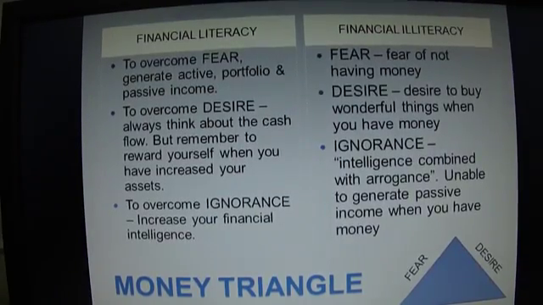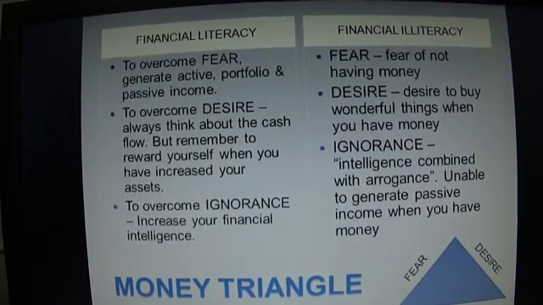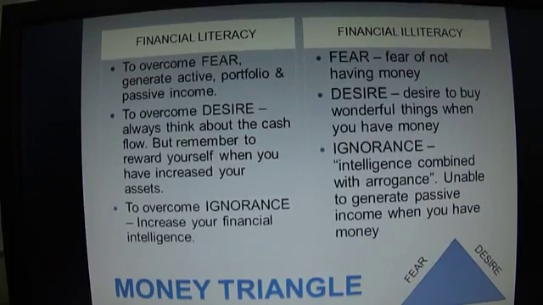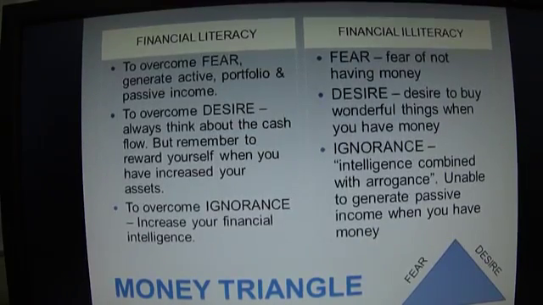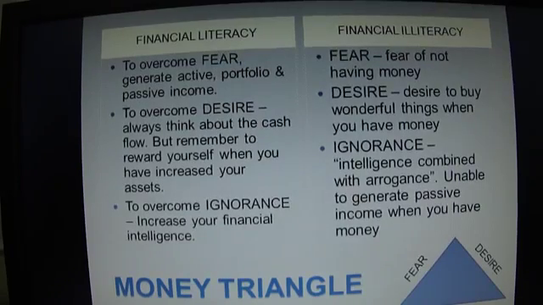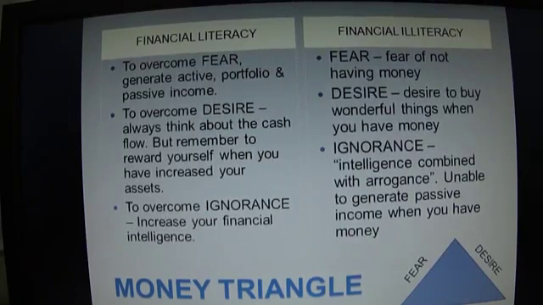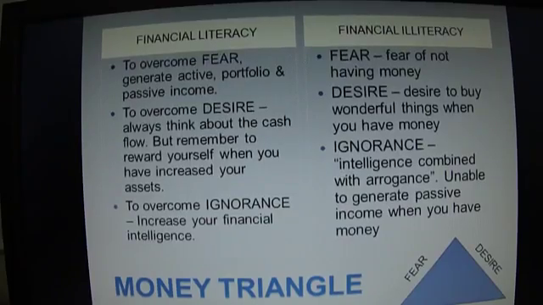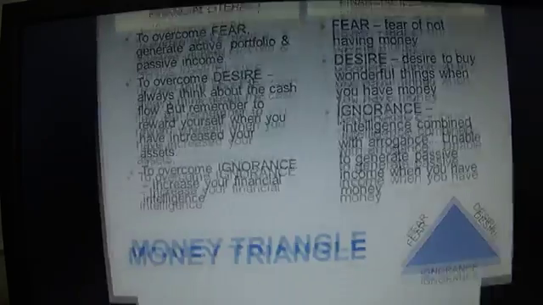To overcome ignorance, we must increase our financial IQ. By merely studying this basic financial literacy training, you have already taken the first step of increasing your financial intelligence. Our next slide.